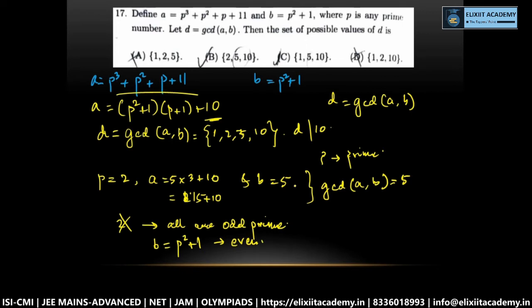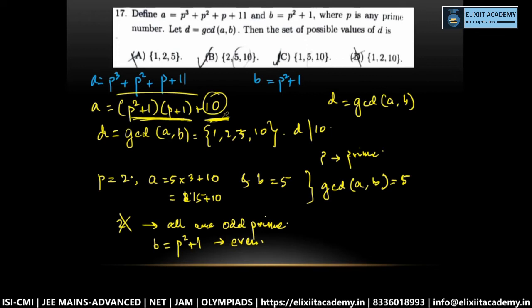Also A, which is P square plus 1 multiplied by P plus 1, is even, and 10 is also even. Even plus even is even, so the GCD can't be 1 at least.